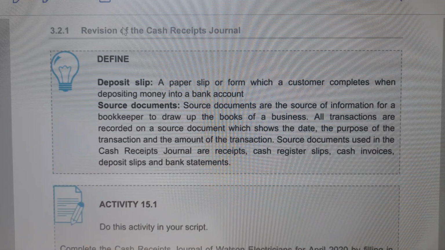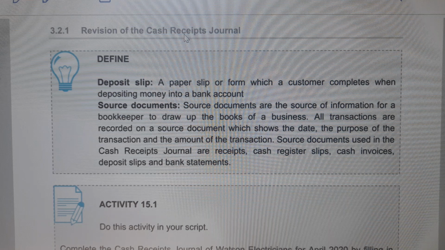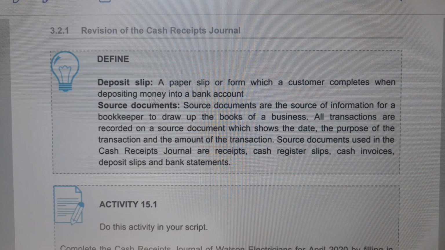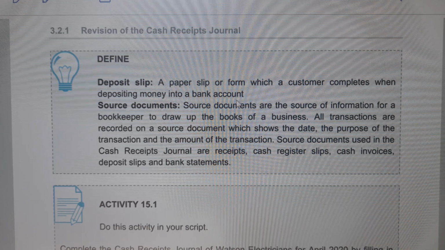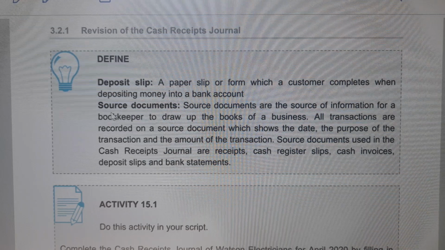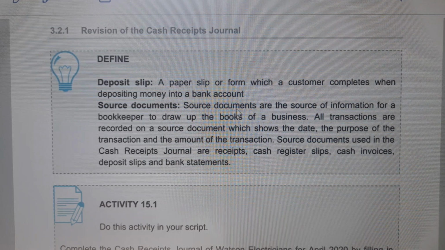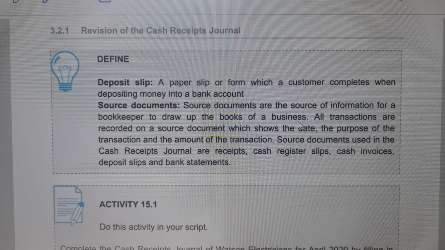A little bit of revision again on the CRJ. What is a deposit slip? It is a paper or form which a customer completes when depositing money into a bank account. And what are source documents? Source documents are the source of information for a bookkeeper to draw up the books of a business.